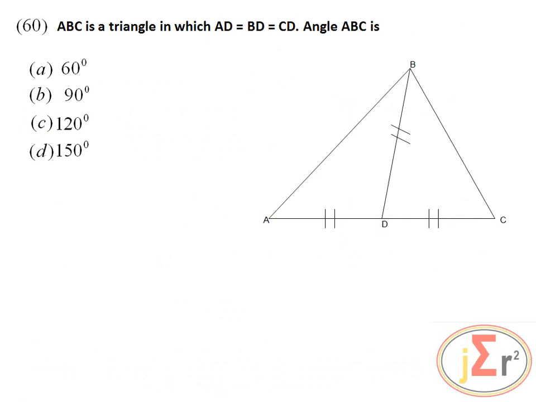ABC is a triangle in which AD is equal to BD is equal to CD. We need to find angle ABC, which is this one. And this is the situation that we have right here. Find this angle if all of these sides are equal.